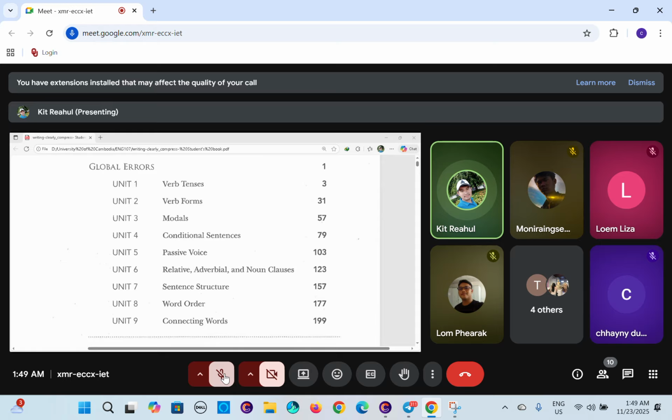In every passive sentence, the main verb must be in verb three, and in every perfect tense, present perfect or past perfect, you use verb past participle. So we use verb three or verb past participle for perfect tenses and for the passive voice.